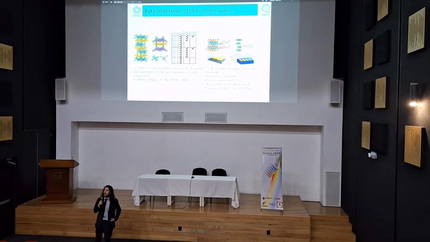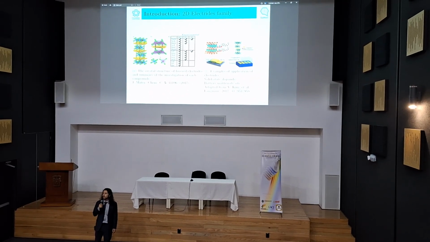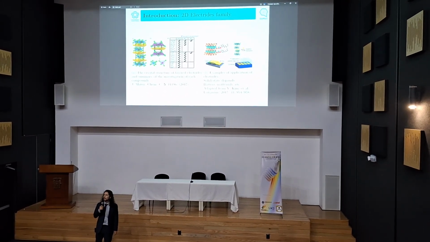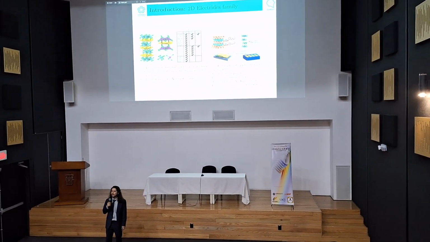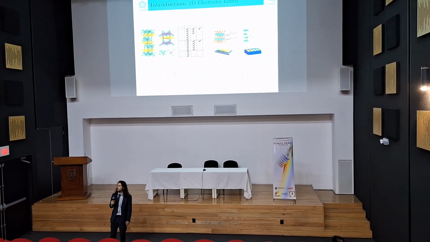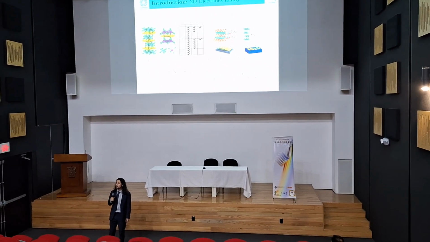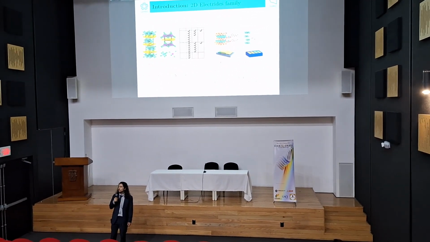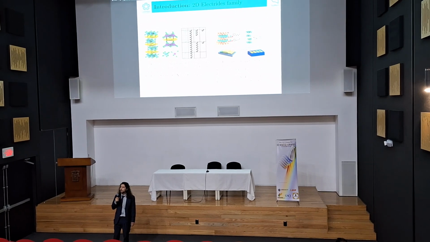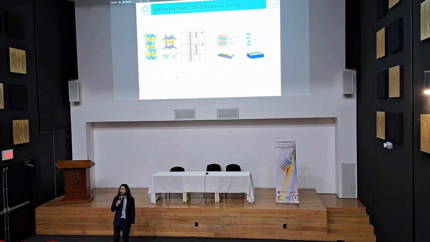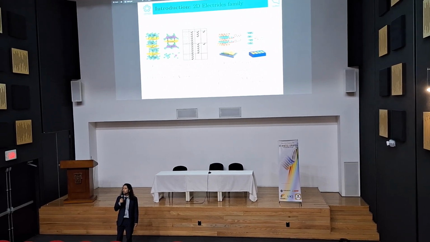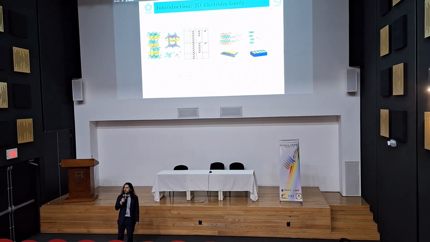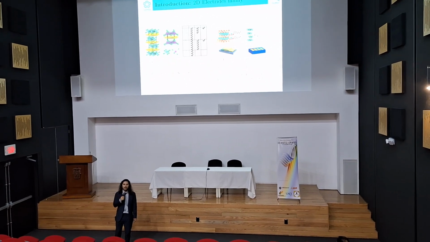First, they have a layer structure, and second, they contain anionic electrons between the layers. In the table, we have several two-dimensional electrides for which calculations of the properties were conducted using density functional theory and have been synthesized.